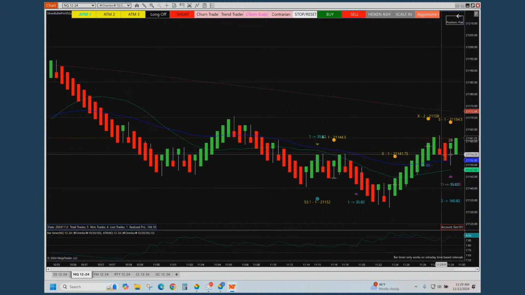So again, the market is in a chop zone, going back and forth. In such a market, either churn scalper or contrarian. So the short trade is on here.